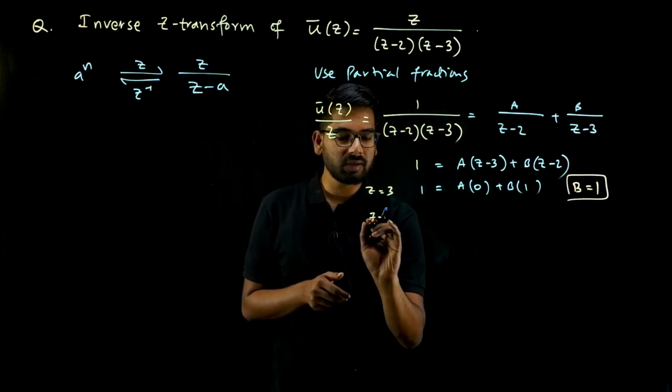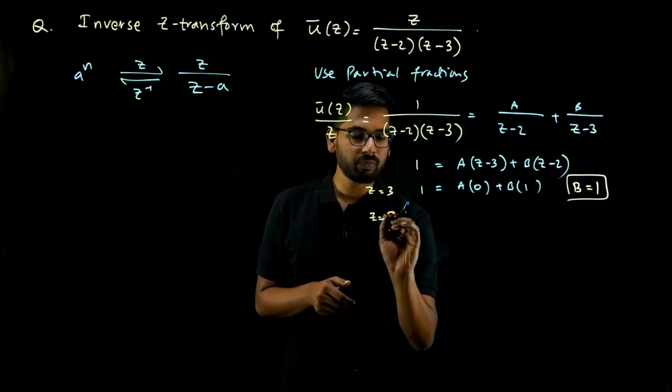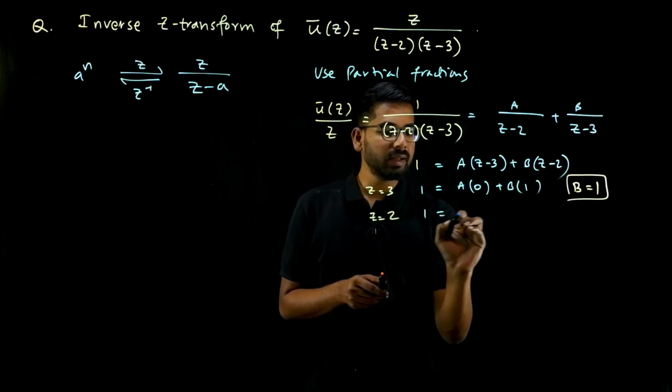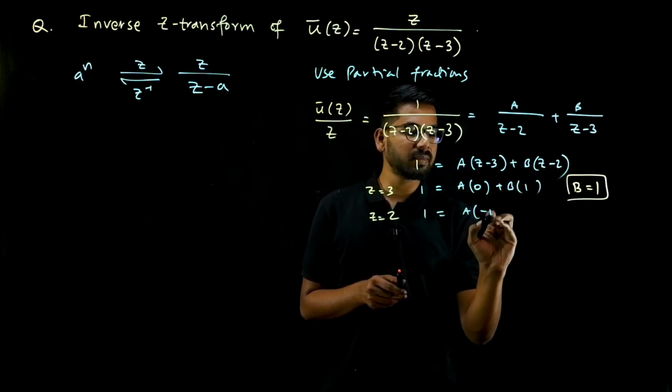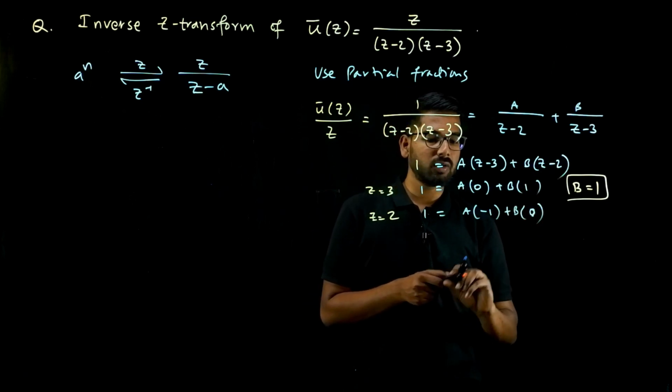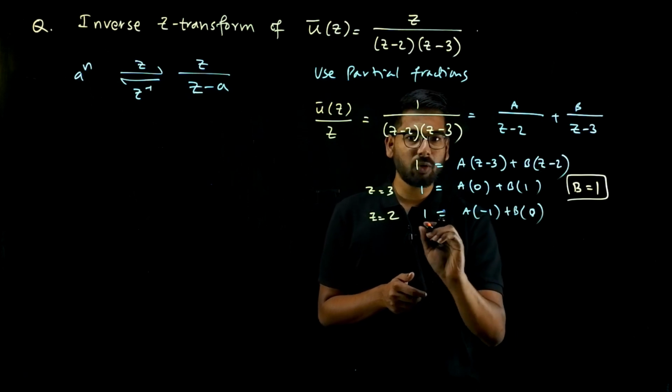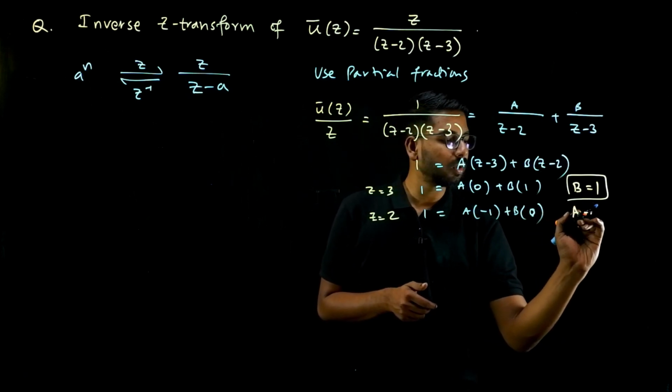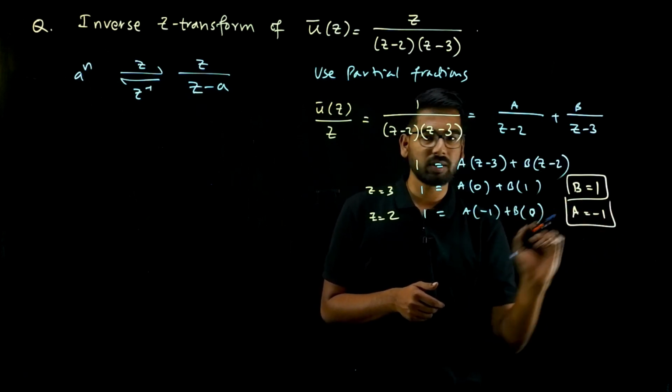Similarly, if you substitute z equal to 2, you get 1 equals a into minus 1 plus b into 0. So minus a is equal to 1, which means a is equal to minus 1.